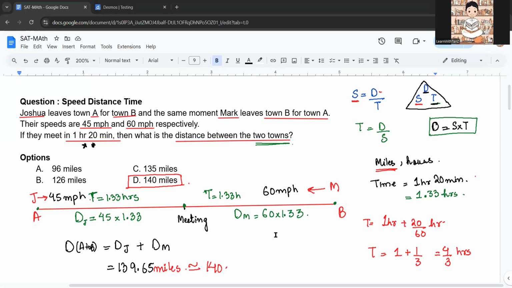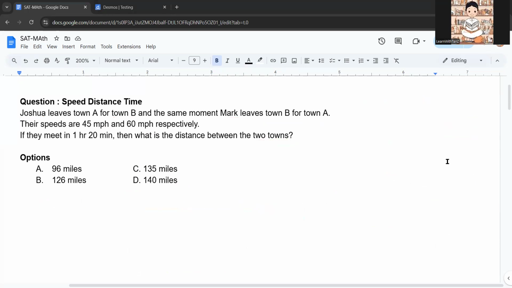Okay, so that is it about the question. Now, what do I expect from you to do in the exam? What will you do in the exam? Okay, you will read the question and you have town A, you have town B. Joshua is going at the rate of 45.